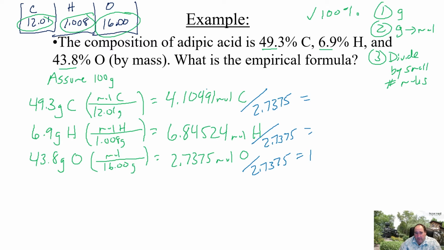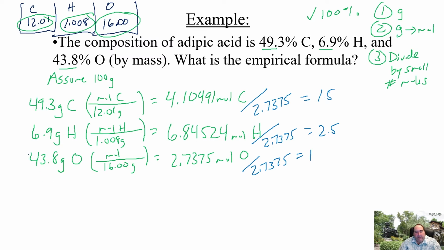For our hydrogen, this will give us about 2.5. And for our carbon here, that's going to get us a bunch of numbers in there, right? Looks like a 1.5 as well. Got like a 1.4995, which rounds to 1.5.